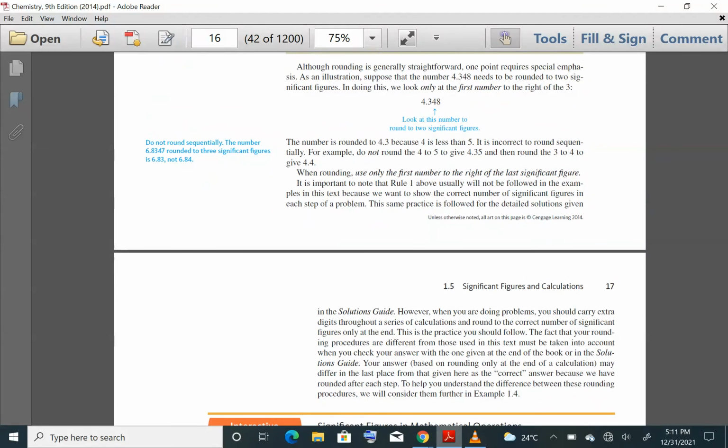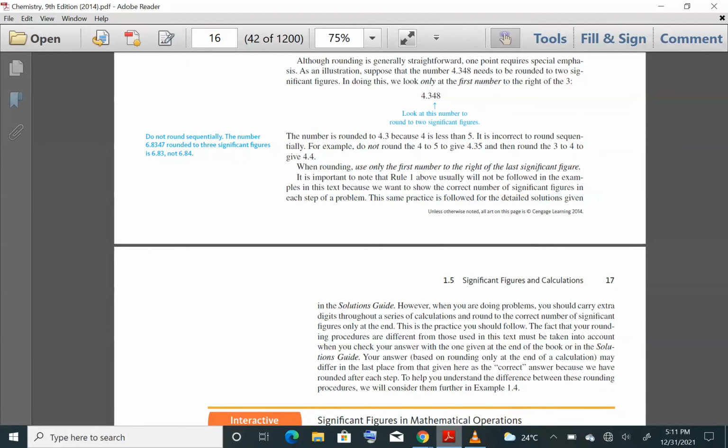Then there's the concept of rounding off, which is very, very important. Suppose the number 4.348 needs to be rounded to two significant figures. We only need 4.3, right? The number that comes after 3 is 4, which is less than 5, so we're just going to leave it at 4.3.